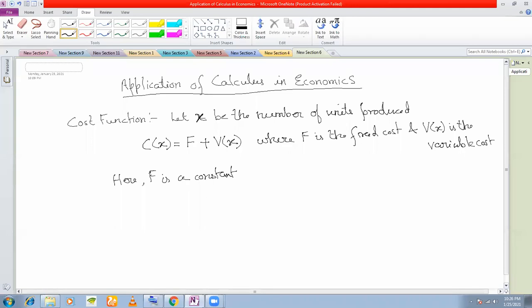Suppose you produce 2000 units, then obviously the cost for producing 2000 units will be more than the cost for producing 1000 units, right? That means that the variable cost will depend on the number of goods produced. Therefore, I have written this as Vx because V is a function of X. V depends on X. Understood? Vx is a function of X.